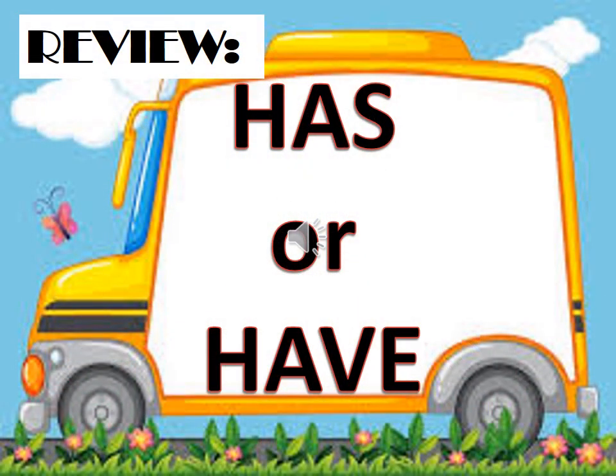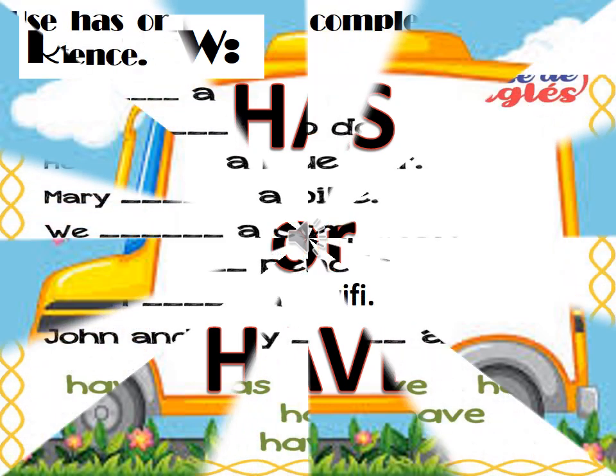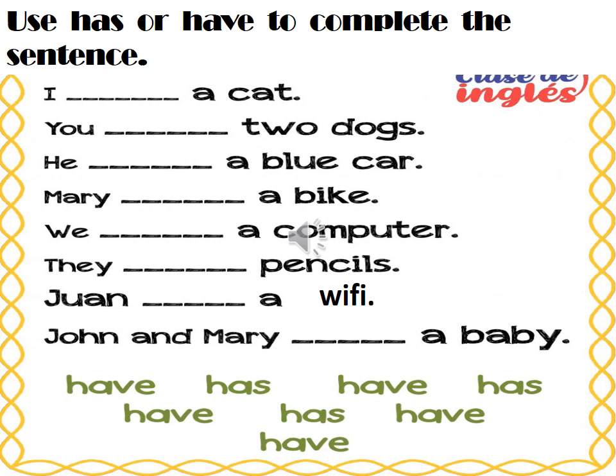At this time, you will refresh your mind about our lesson last week using has or have. Okay, let's start with this. Use has or have to complete the sentence.